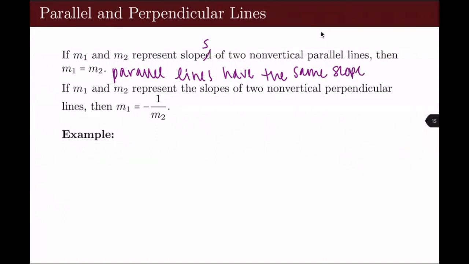If M1 and M2 represent the slopes of two non-vertical perpendicular lines, then M1 equals negative 1 over M2. So this is negative and reciprocal.